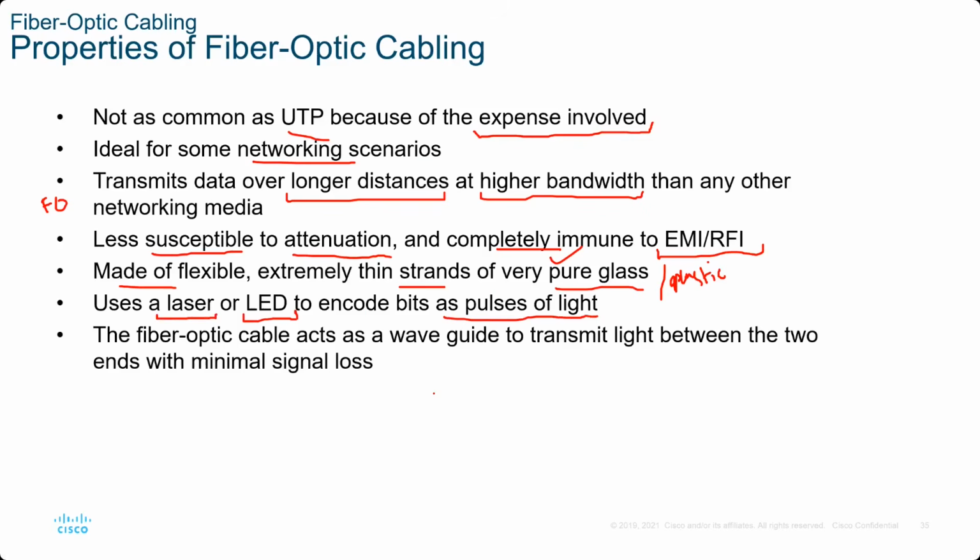So in order to send the bits in these fiber optics, in your network interface card, you must have a laser or an LED, depending on the quality and type of your network interface card. You would have to use that laser or LED inside the NIC, which will convert or encode the bits into pulses of light. So the bandwidth of your NIC or the fiber optic depends on how quickly this laser or LED can send those pulses within 1 second.